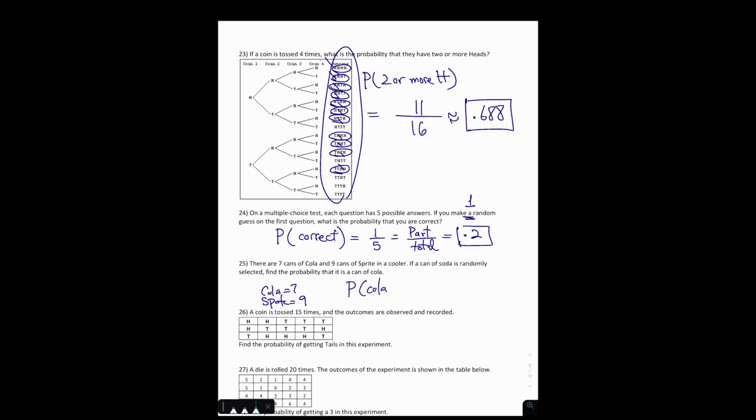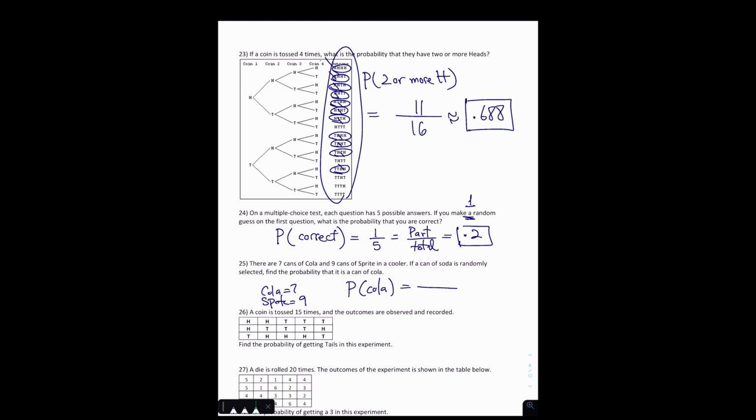Let's look at number 25. There are 7 cans of cola and 9 cans of Sprite. So cola is 7, Sprite is 9. If a can of soda is randomly selected, find the probability of getting a cola.